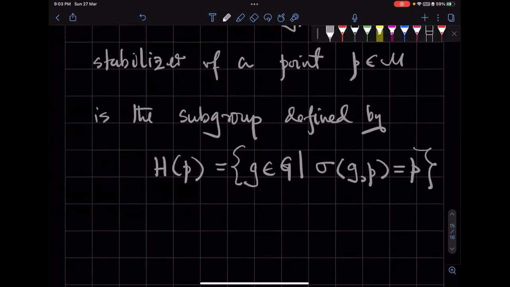Note that for the stabilizer to be non-trivial, the group action must have fixed points. Otherwise, the H group won't be a proper subgroup.